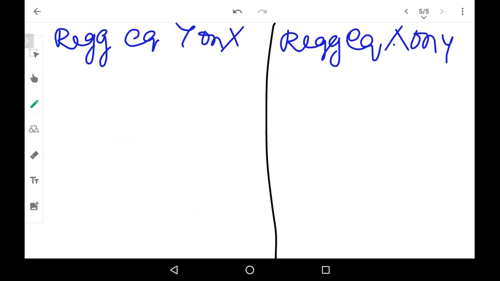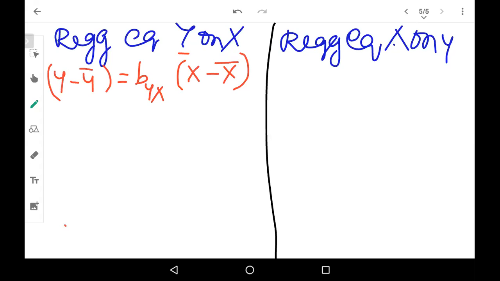Now listen. Here the equation will be like this. Y minus y bar. See, first is y, so first I'll take y. Y minus y bar is equal to b yx into x minus x bar. Everywhere y should come first. This is the regression equation for y on x.